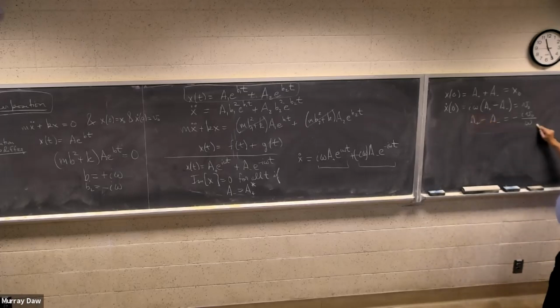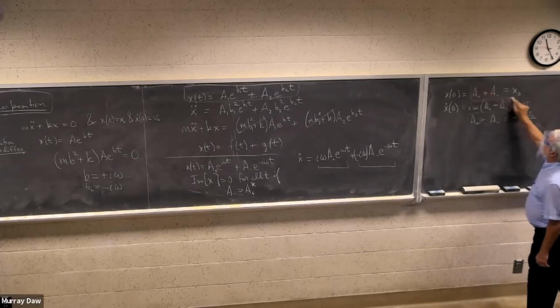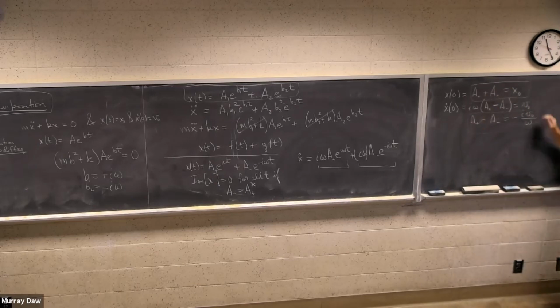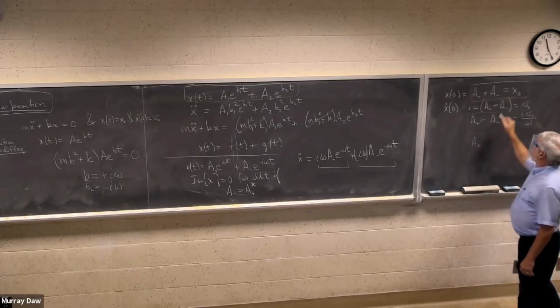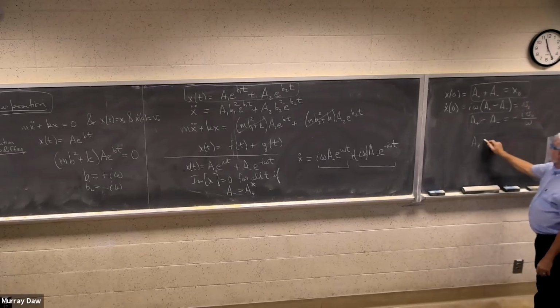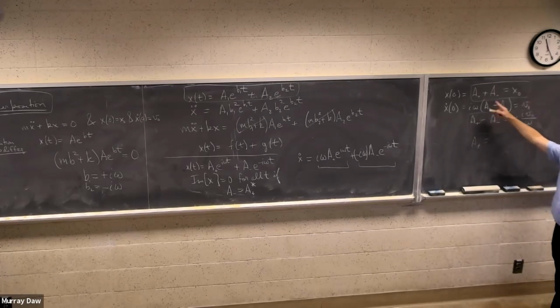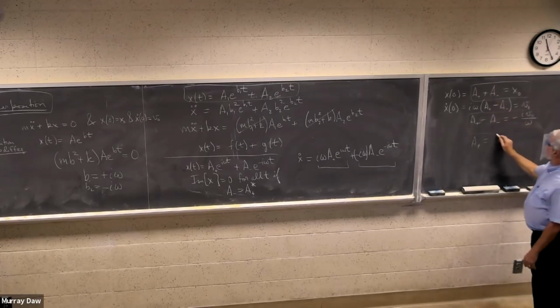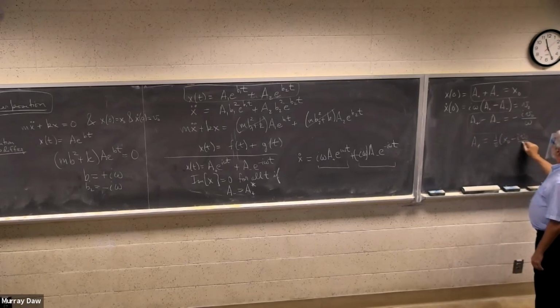And now I just rewrote the second equation to make it easier to combine with the first. So I can add these two equations together to get A plus, and I can take the difference to get A minus. So A plus is what I get when I add these two together. And then I have to divide by 2 because I have two A pluses. So it's 1/2 (x naught minus i v naught over omega).